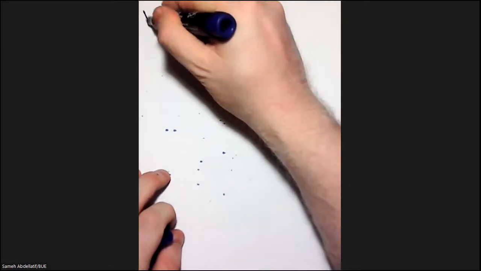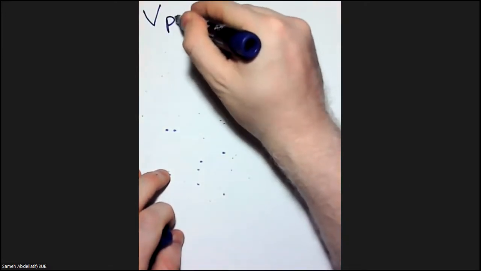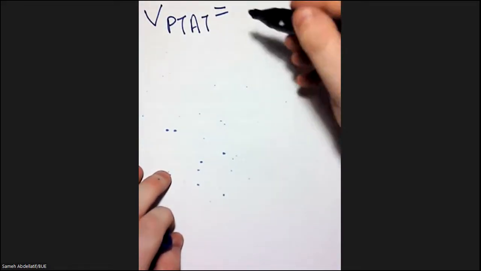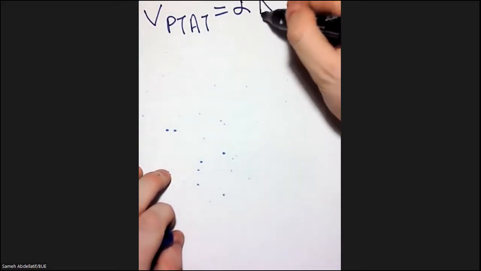So for the V absolute, we can write V absolute simply as equal to alpha times delta VBE.